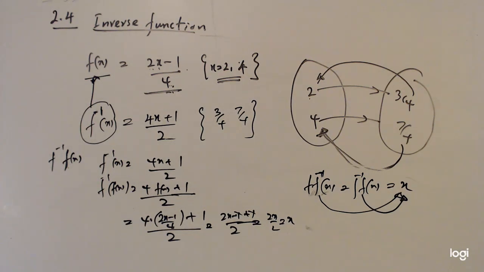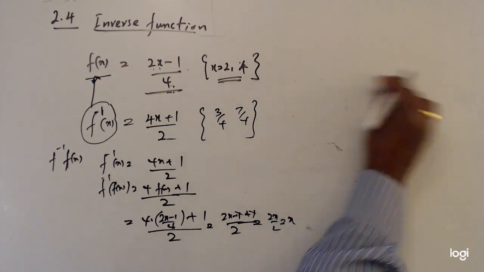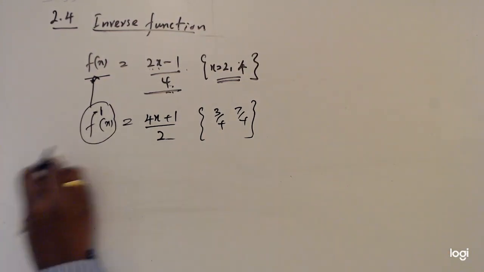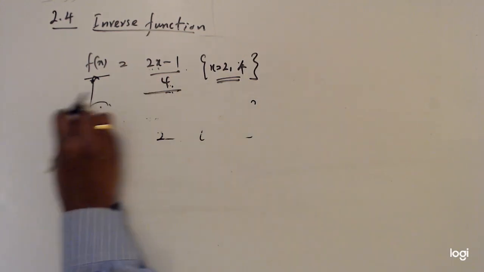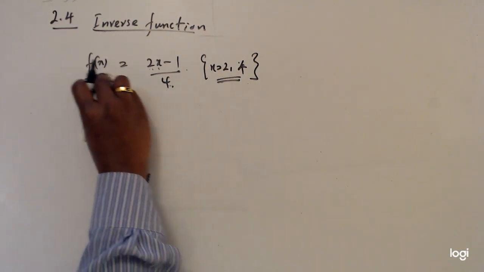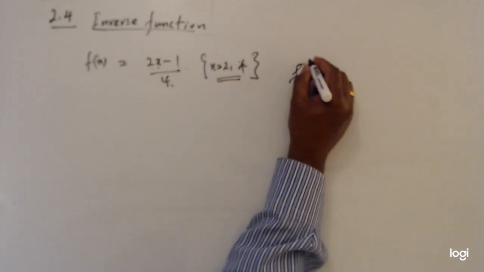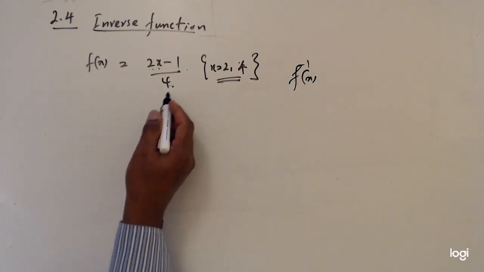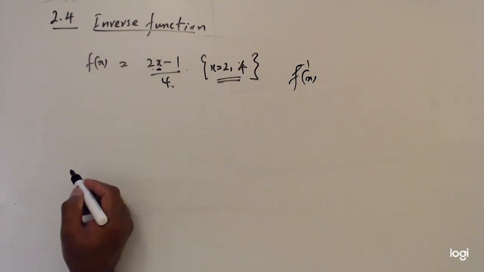Now we'll find it mechanically. How do you find this one? This is the function given. I want to find f inverse x. How can I find this now? The simple method is just to make x the subject.